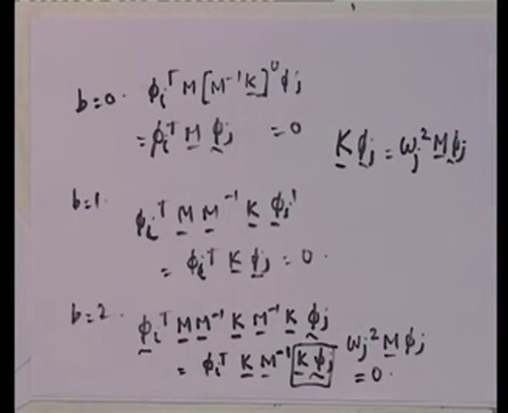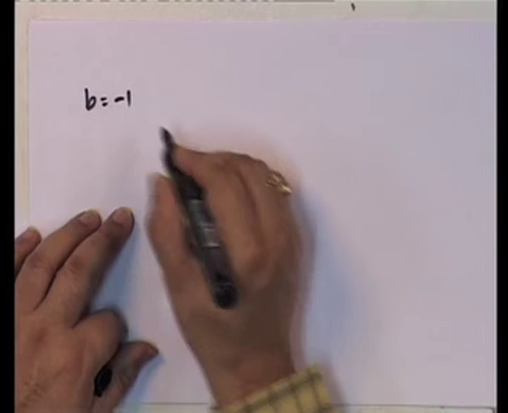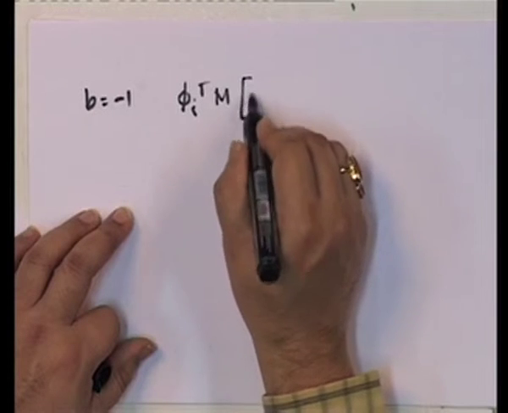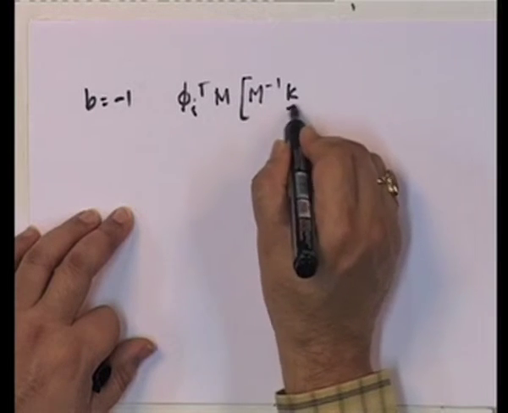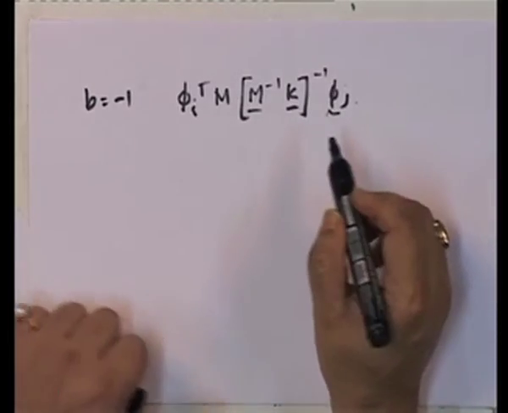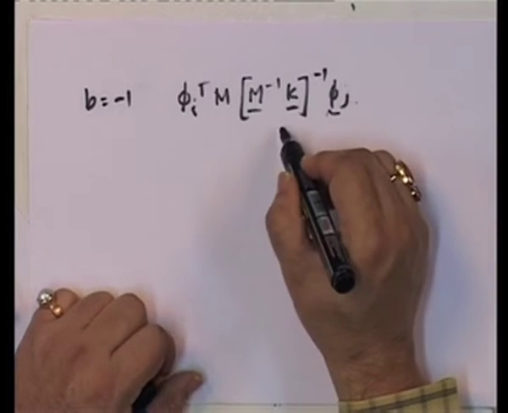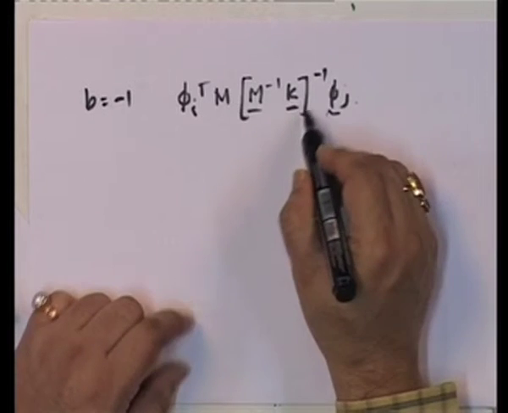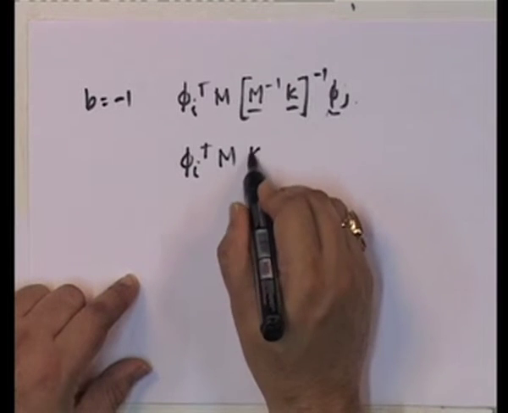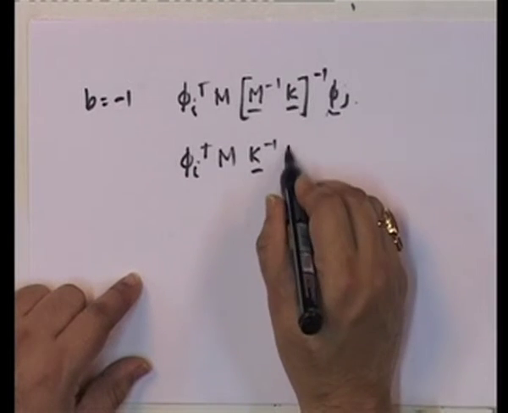Let me just show it, because you have to understand what this essentially means. b equal to -1 means phi I transpose M (M inverse K) inverse. And what is the inverse of M inverse K? It becomes phi I transpose M K inverse M inverse inverse, which is this.